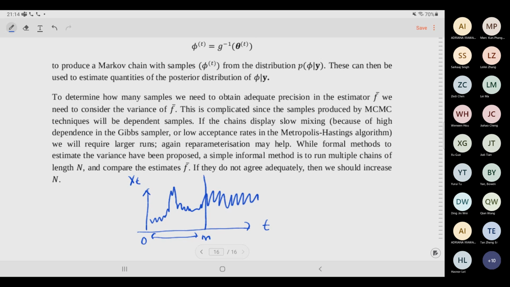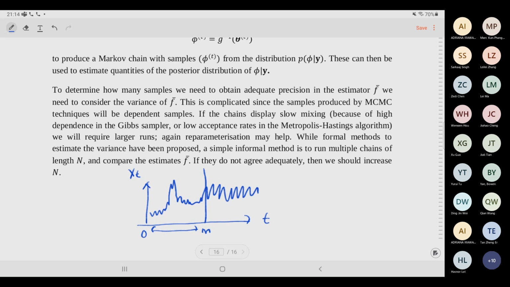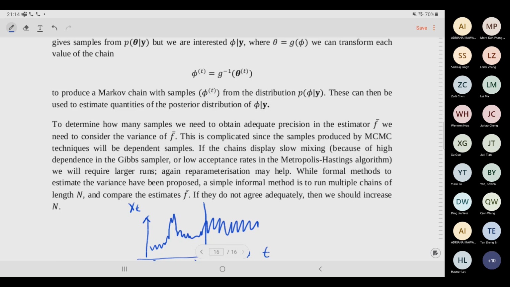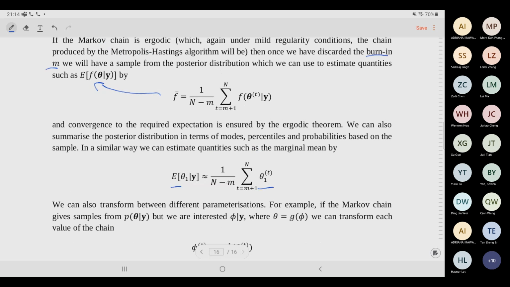So we think that after M iterations it will converge. Then before the M iteration we don't use it, we throw it away, and we only use what comes after. That's why it's always minus M here: the first M we throw away, then we just use from M plus 1 to N.